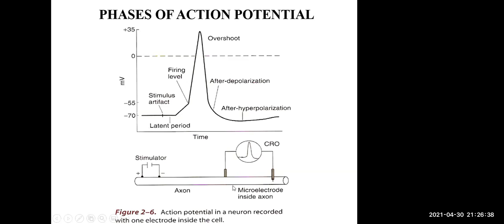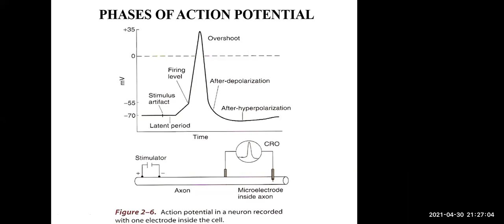Suppose you place both the electrodes outside, is it possible to obtain the action potential? Yes, it is possible, but the difference is it will be biphasic. Mostly the action potential recording is monophasic. If you place both the electrodes outside, then it will become a biphasic recording.